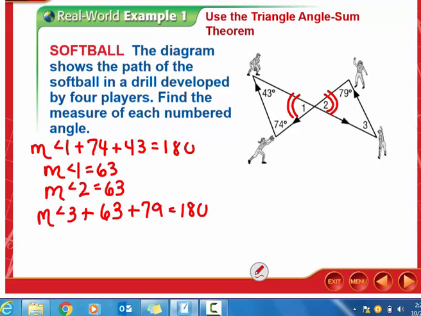So on my calculator, I'm just going to take 180 minus 63 minus 79, and that is 38. The measure of angle 3 must equal 38. So those are my 3 missing angles.